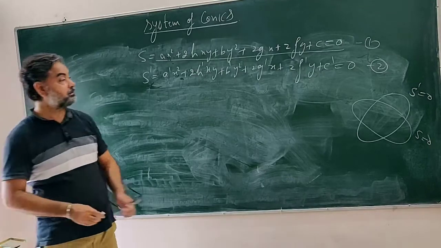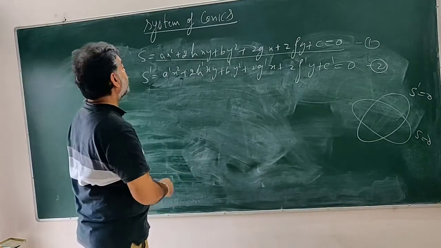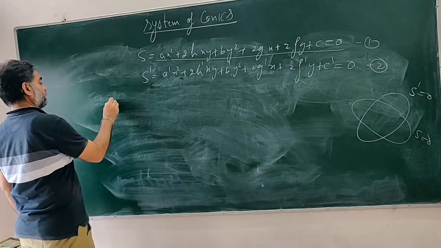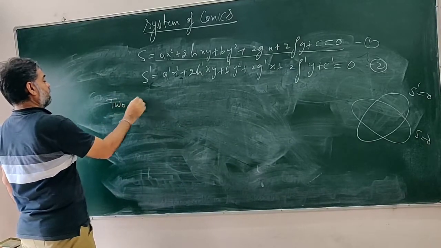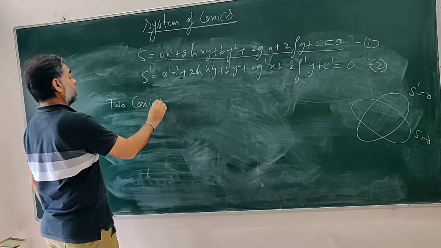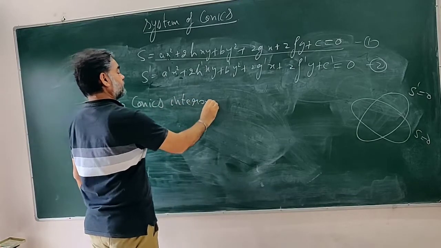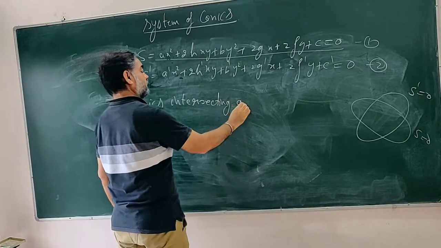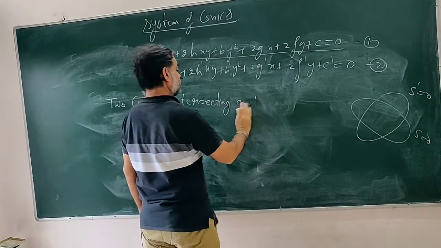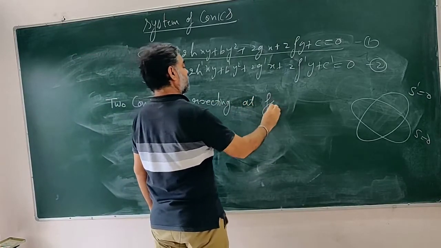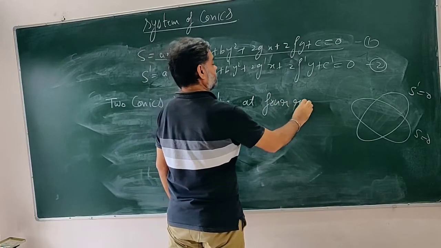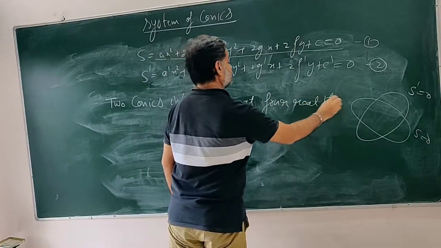Now, if two conics intersect at 4 real points.